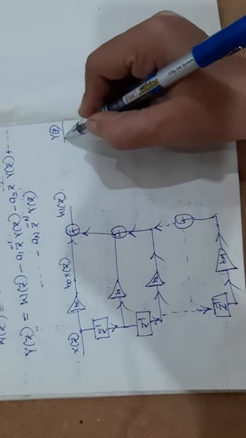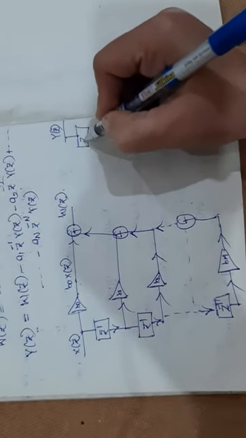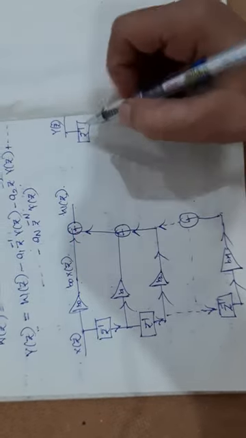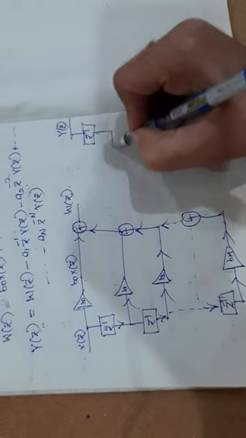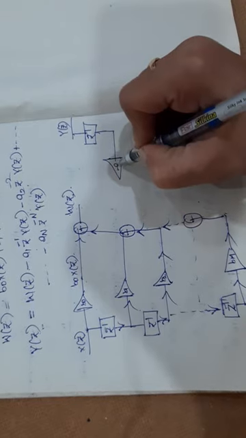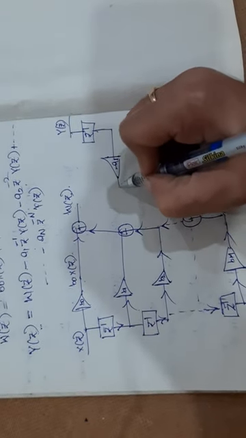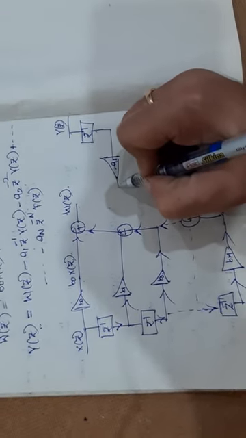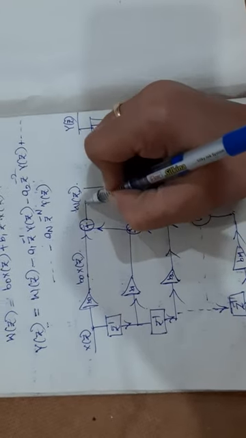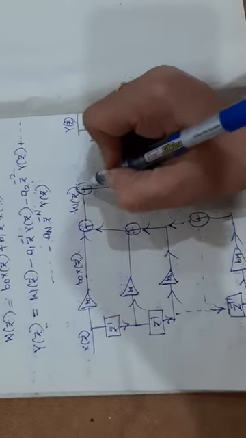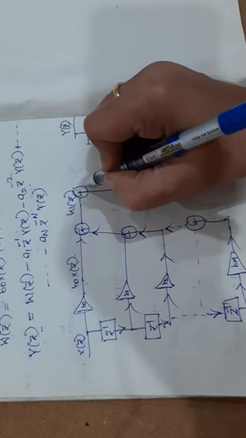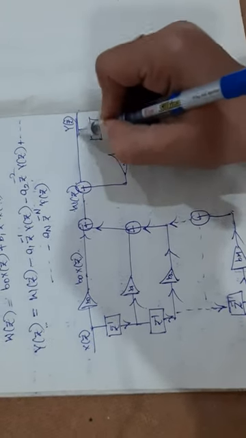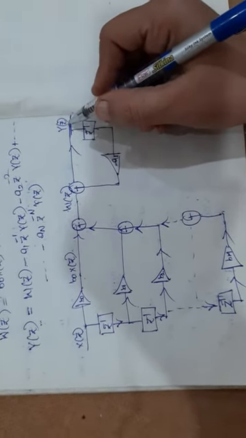This is Y of Z. This is delayed means Z inverse and it is multiplied with what? Minus A1 and that is added to W of Z to get Y of Z.